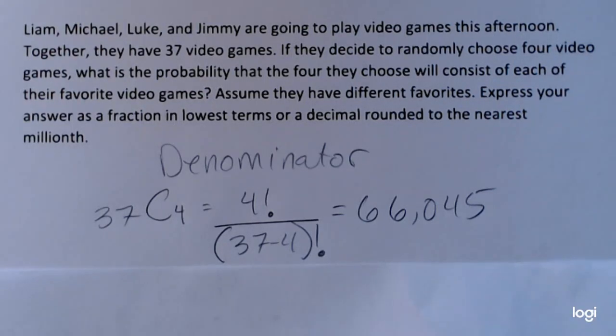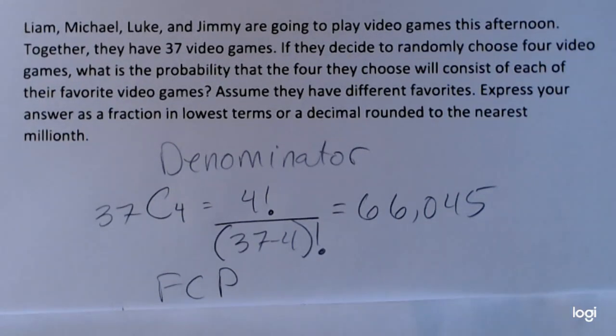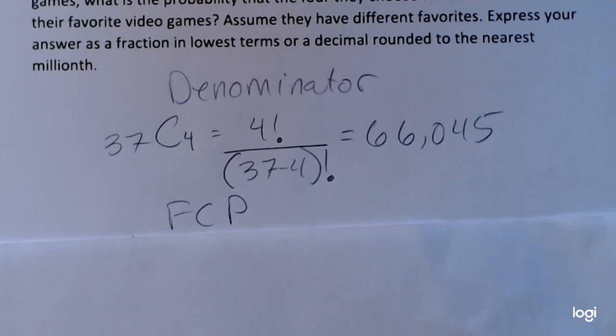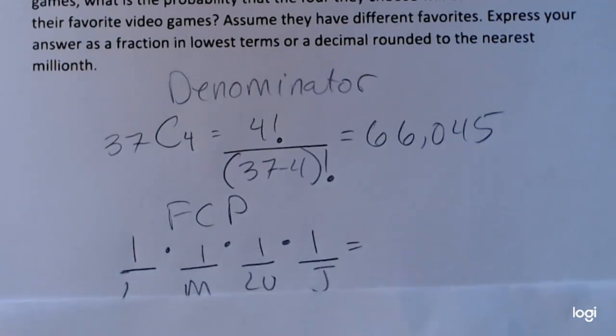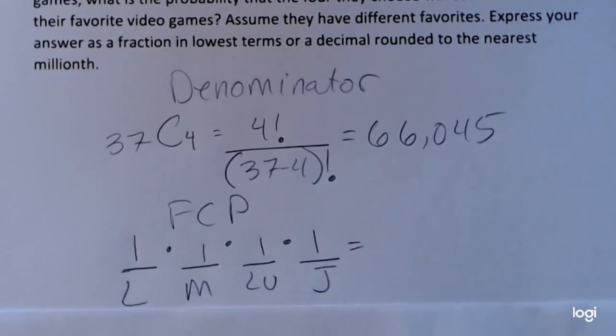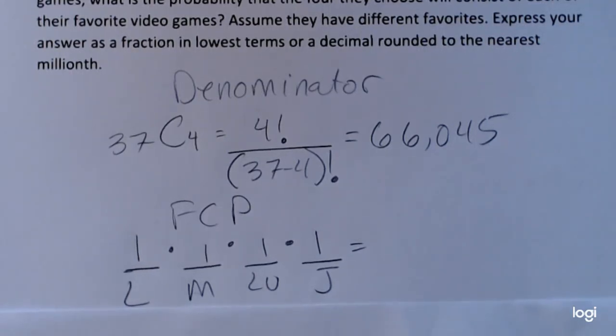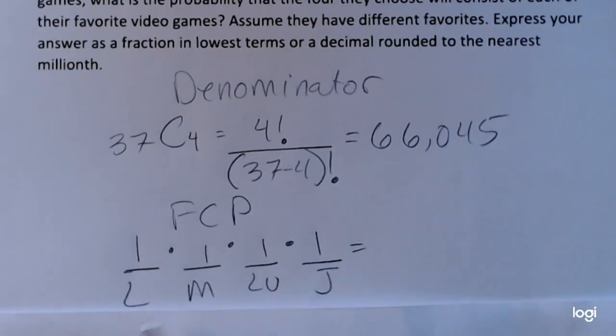If you wanted to reason using a counting principle, you could use the fundamental counting principle. I like to abbreviate that as FCP, where the events or tasks are selecting each boy's favorite video. Now, I'm assuming that each boy only has one favorite video, and the order really doesn't matter here.